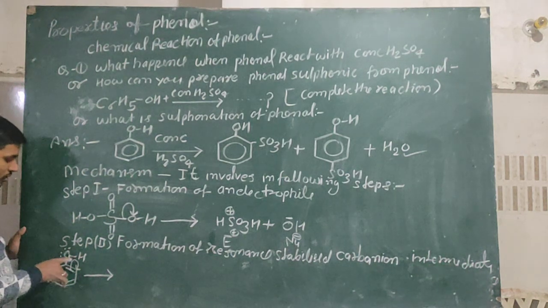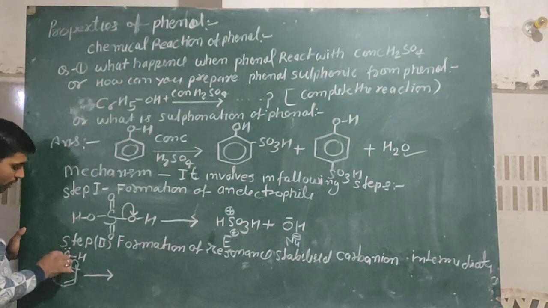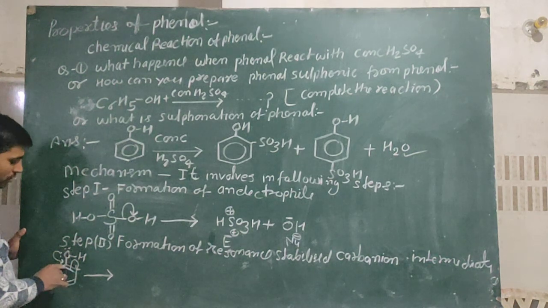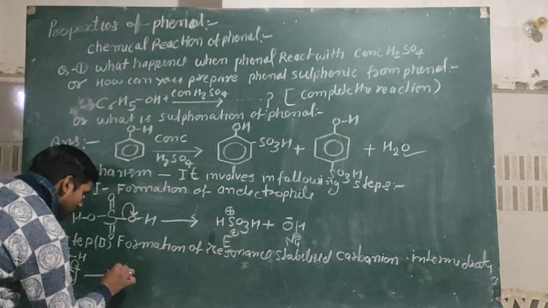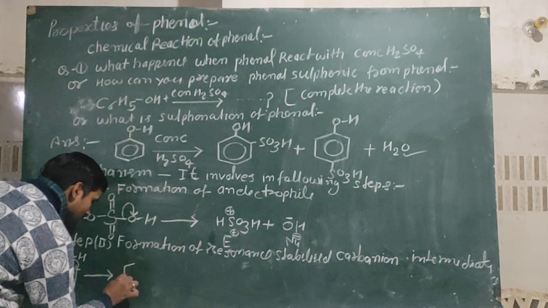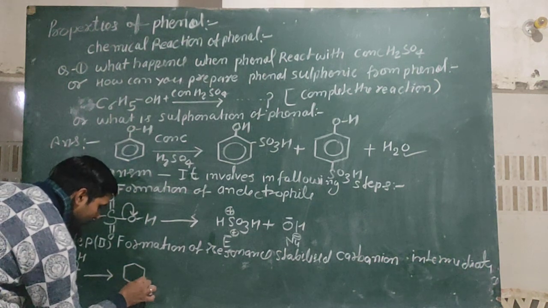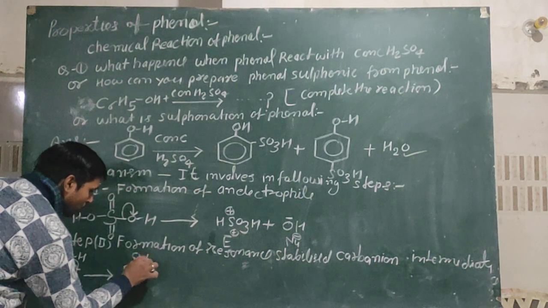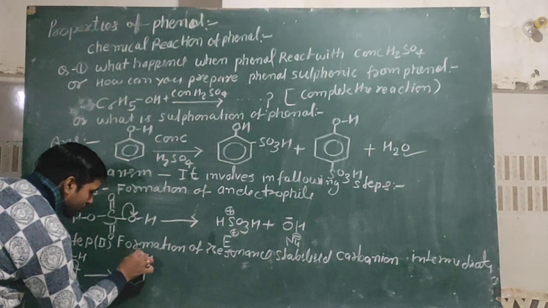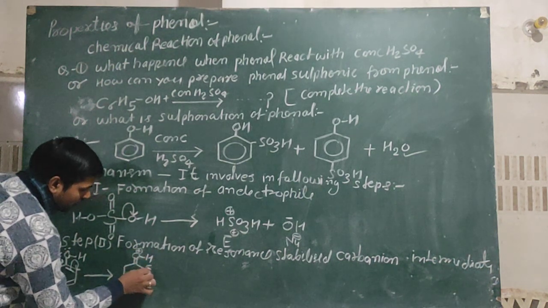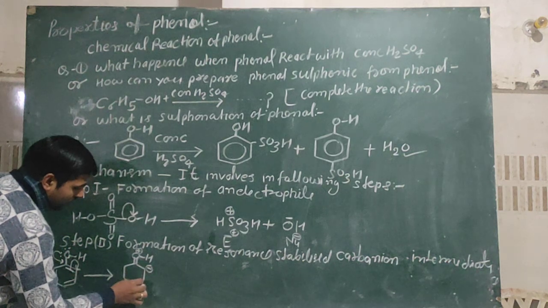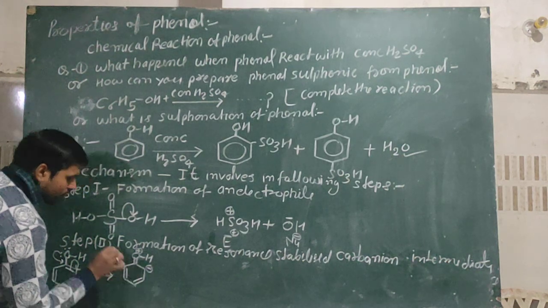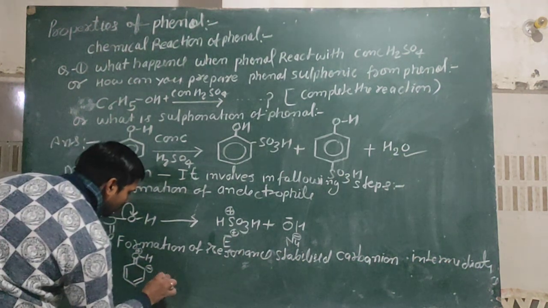At this time, this lone pair of electrons goes toward the positive center of carbon. Thus, in the first structure OH becomes positively charged, this becomes negative and 2 pi bonds are present.